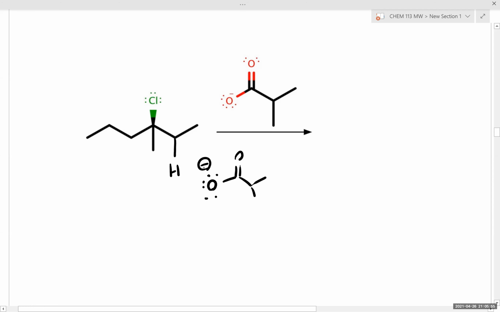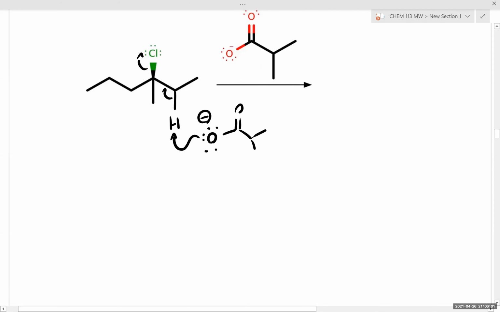In this case, I only want to see a representative mechanism for the elimination. If you want, you can even draw a Newman projection to justify your predicted product.